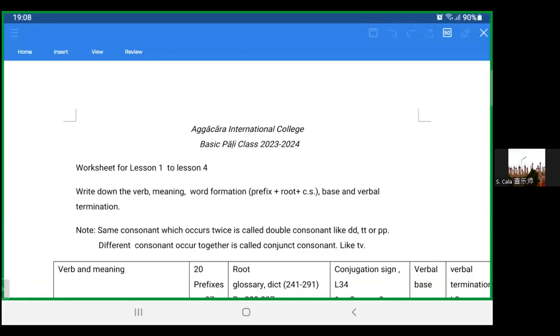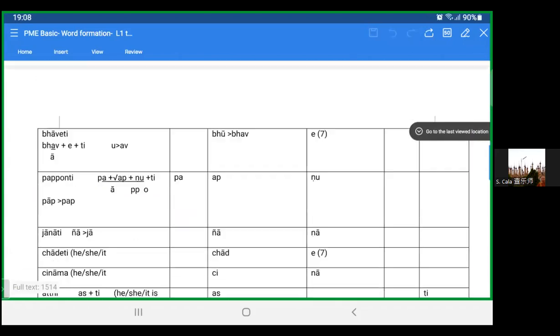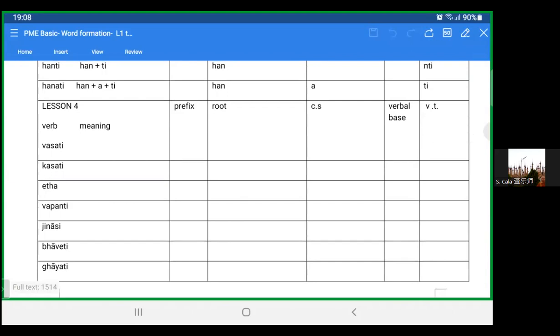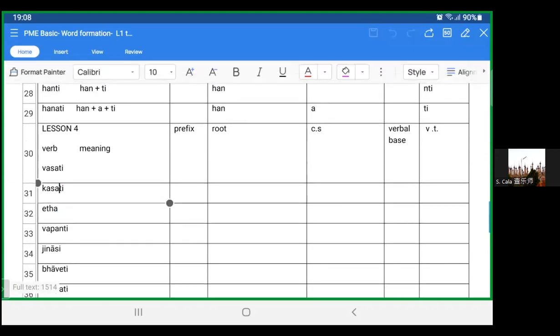Because if you say kasati, right? So we look at this. This is actually supposed to be a worksheet for you all. If you look at kasati, it can be he, it can be she. And how do you translate kasati? Plows, right?